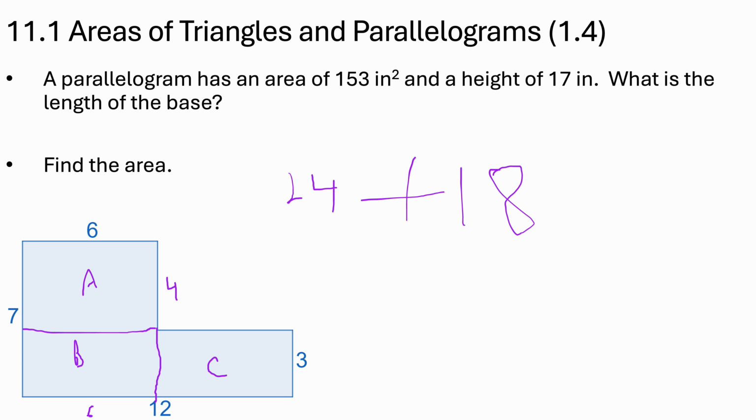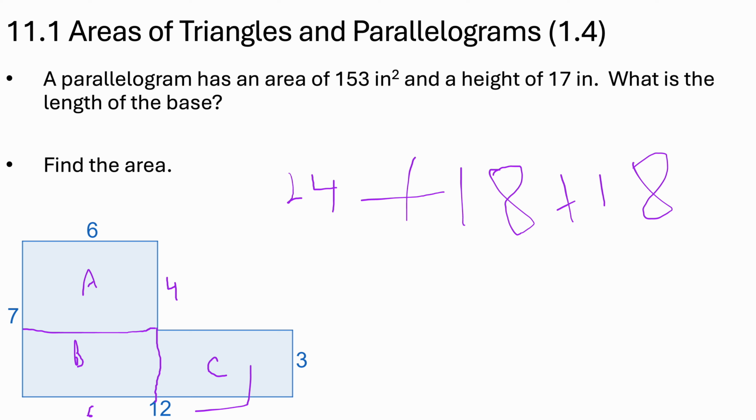And if you see the third one, this is 3, this is 6 because total is 12. So 6 plus 6 is 12. So C's area would be 6 into 3, which will also be 18. So it will be 18 plus 18 plus 24, which is 60.